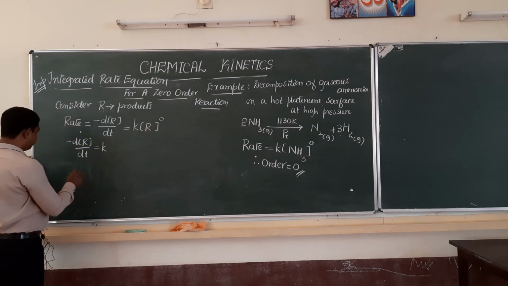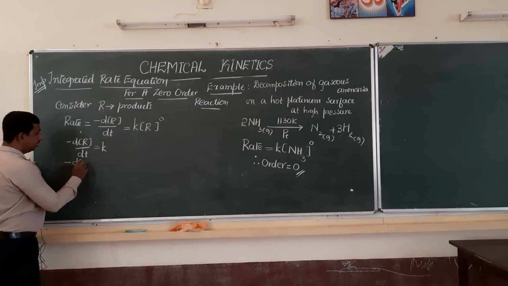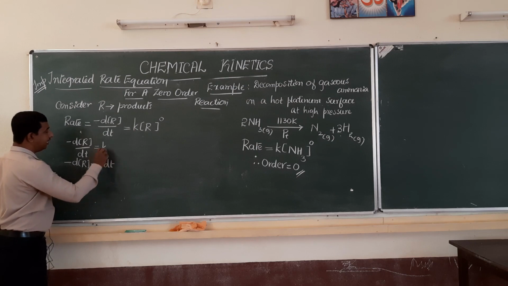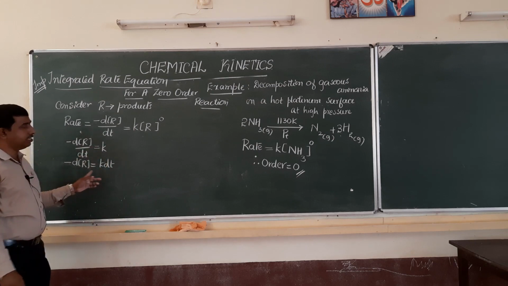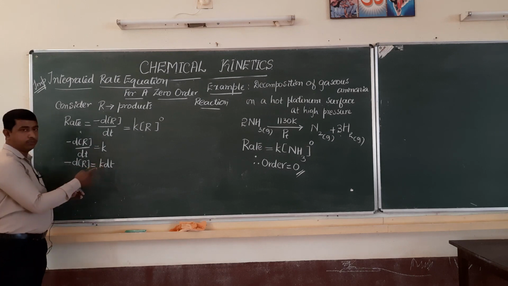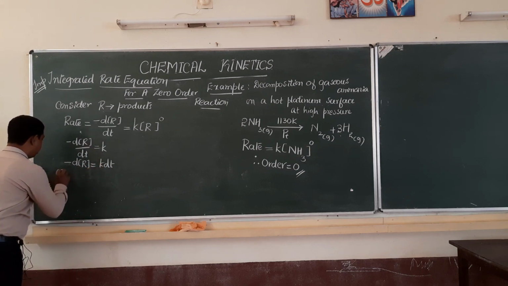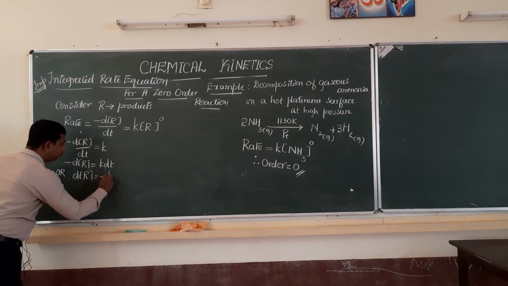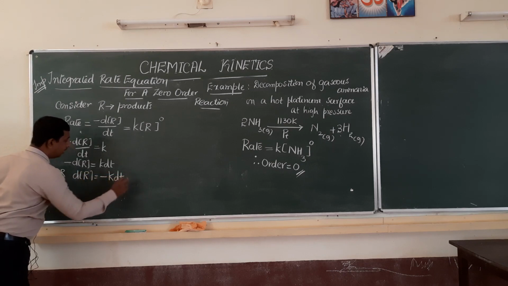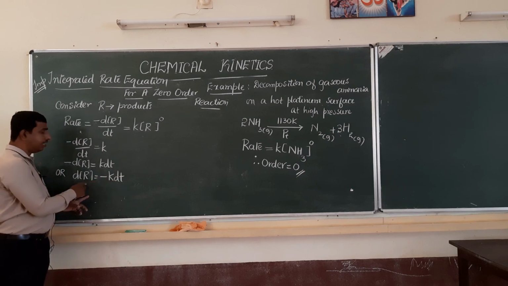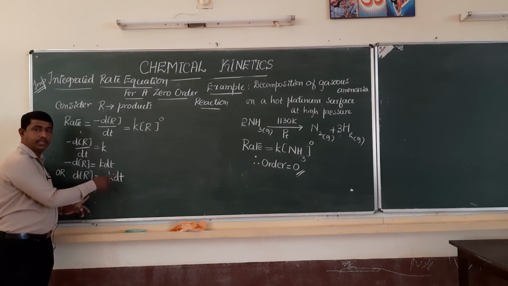Cross multiply. So minus dR equals K into dt. Or dR equals minus K dt.